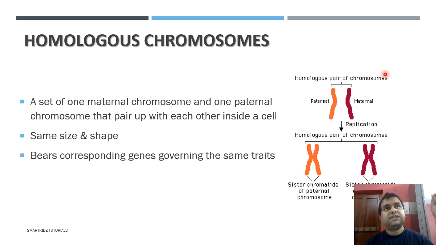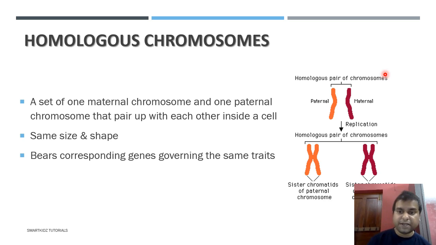Let's say gene 1 codes for eye color, height, and hair color in the mother. Then gene 1 for the father will also code for eye color, how tall you are, and hair color. So they are of the same size and shape and code for the same characteristics, not possess the same characteristic, but code for the same characteristics. These are called a homologous pair of chromosomes.